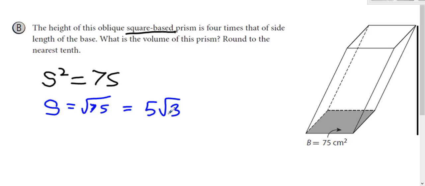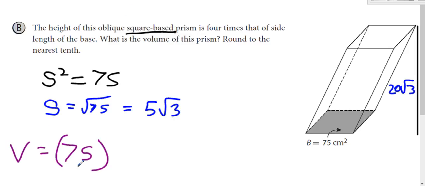Which means the height, we're told, is 4 times that of the side length. So the height is 4 times square root of 75, or 5 square root of 3. So multiply that by 4, you get 20 square root of 3. That's our height. So the area of the base times the height. Area of the base is 75, times the height, 20 square root of 3.